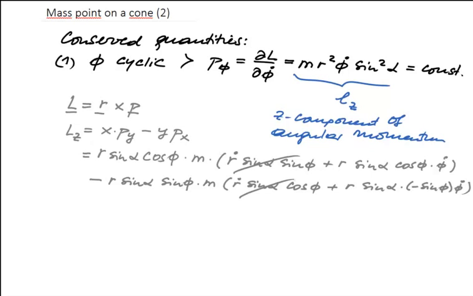You have cosine squared phi plus sine squared phi, and this is equal to 1. So in total, let me write it in the correct order, you have a mass, you have r squared, you have sine squared alpha, and you have phi dot. And that's it. And that's the expression that we found above for the generalized momentum associated with phi.